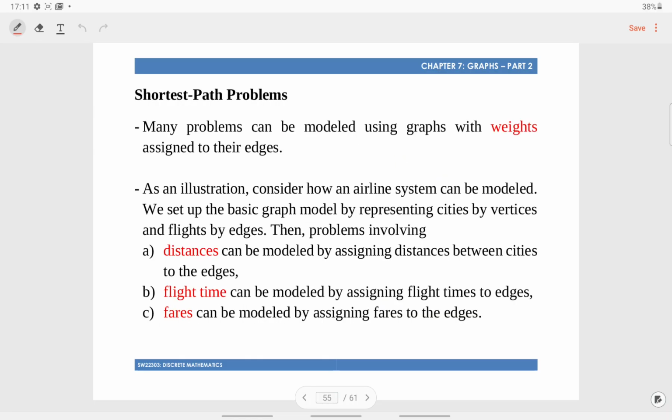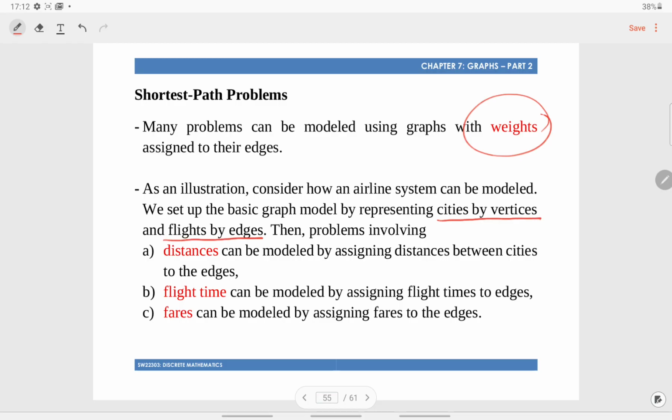Shortest path problems. Many problems can be modeled using graphs with weights assigned to their edges. At the edge, we can assign numbers, and these numbers are referred to as weights. As an illustration, consider how an airline system can be modeled. We set up the basic graph model by representing cities by vertices and flights by edges.